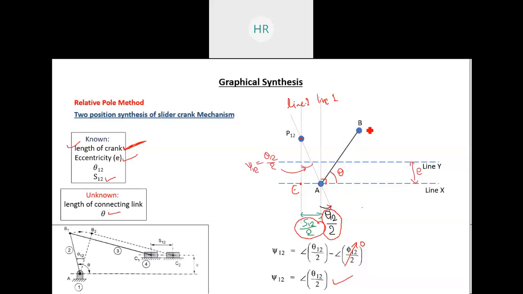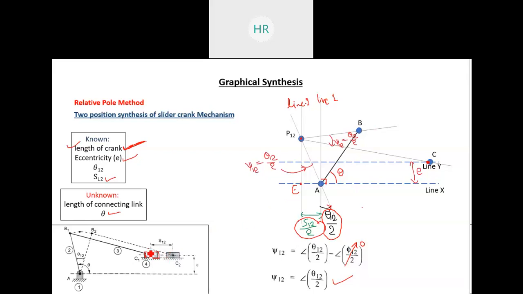Now we will follow the same procedure that we followed in 4-bar mechanism. Draw a line passing from P12 and B, or you can say connect these points P12 and B, and from this line at an angle of xi12 draw another line, and you can see this second line is actually intersecting the line Y. So at the intersection of this we can have point C. Now point C is basically the point on which the slider is attached, or you can say it is the slider point.